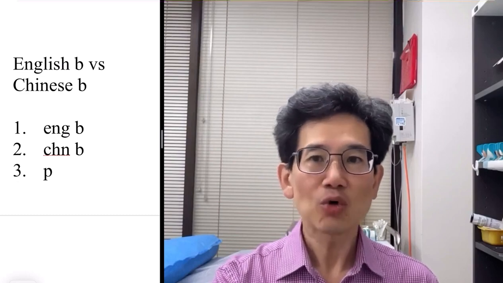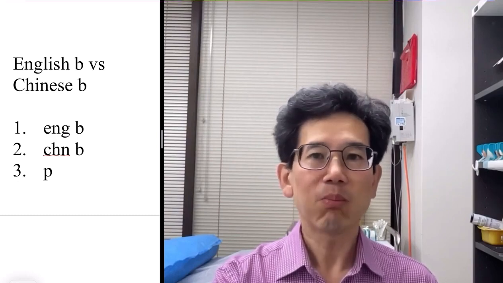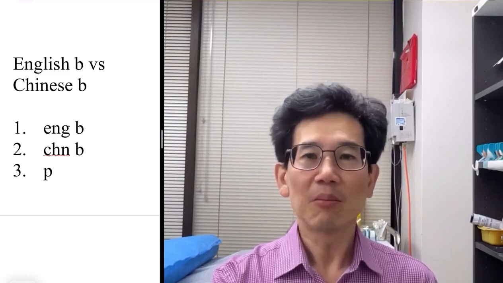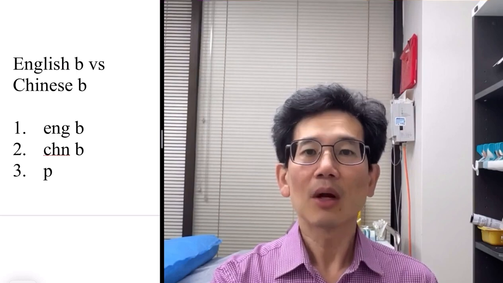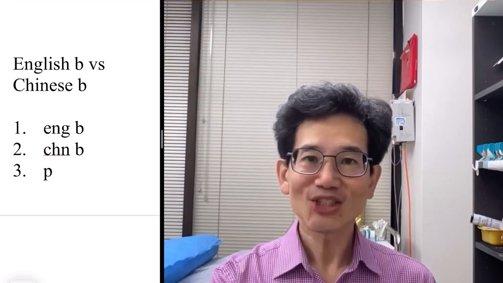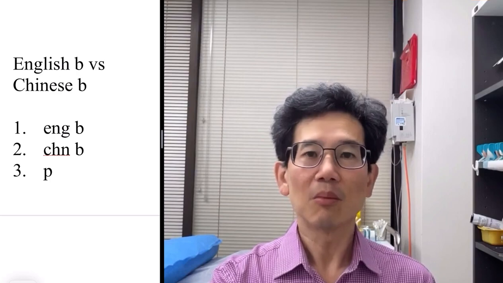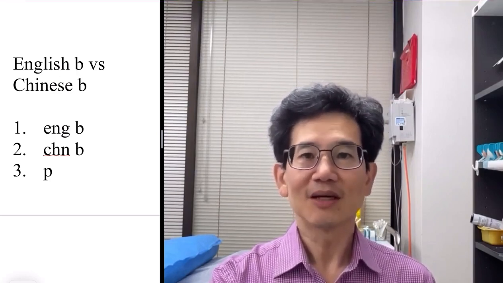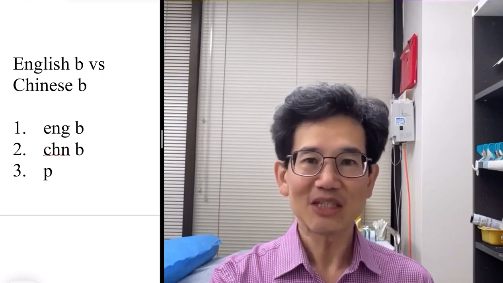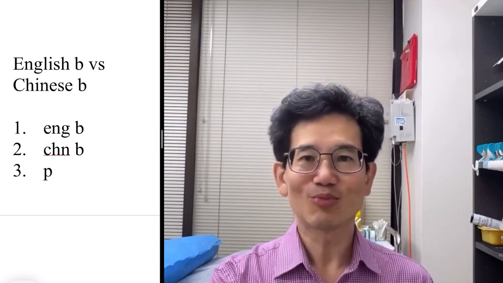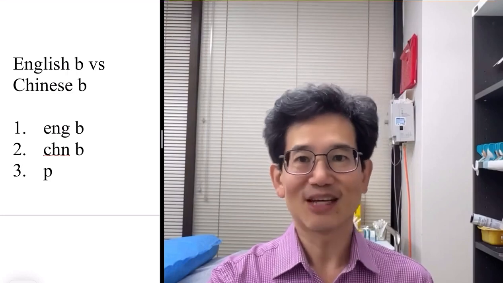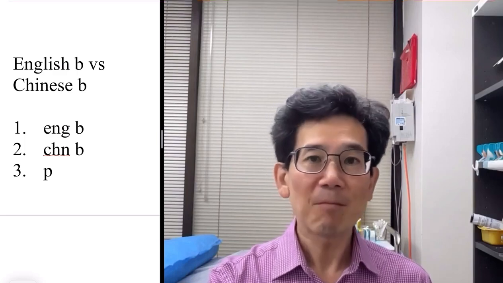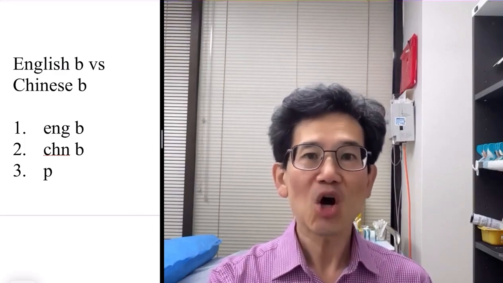So it's bao, not pao. So you can hear the three sounds. Bao, bao, pao. So English will just have bao and pao for B and P. So this b is in between. It's not easy to practice, not easy to make the sound, but as long as you can hear the difference, that's a good start. 我的包.